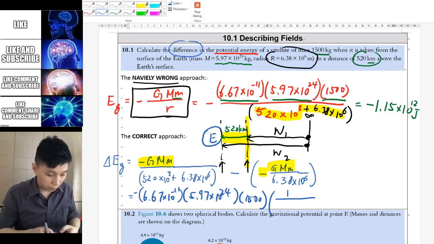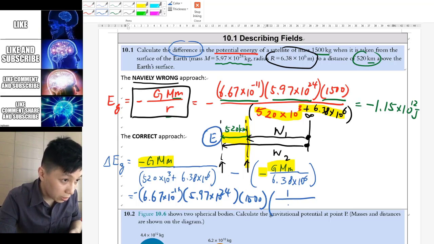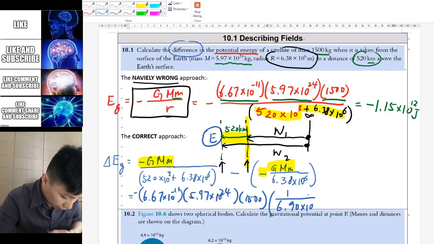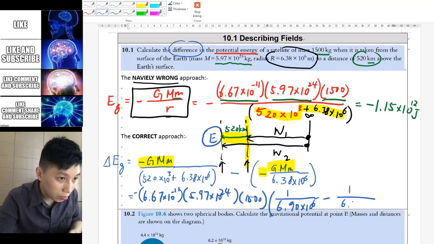So 520 times 10 to the power of 3 plus 6, and this is going to be, wow, a very neat number, 6.90 times 10 to the power of 6. Minus, because I extracted the negative also, minus the one that we had, 1.38.